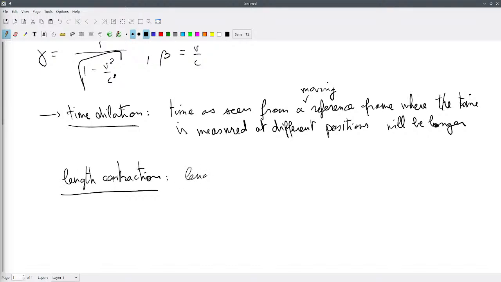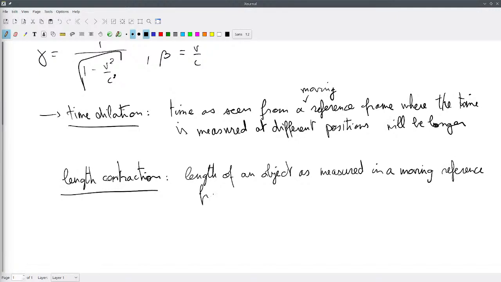So the length of an object as measured in a moving reference frame is shorter than the length measured in the rest frame, where the rest frame is the frame of reference that doesn't move with respect to the object.